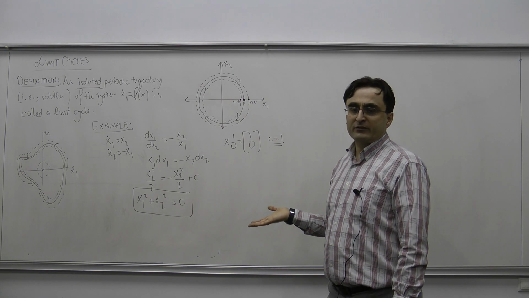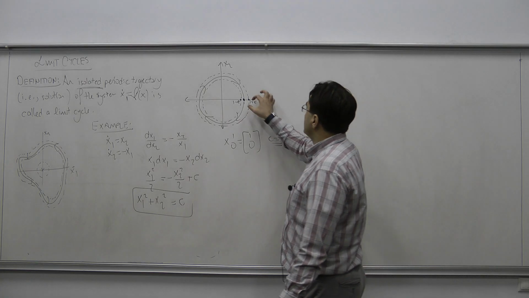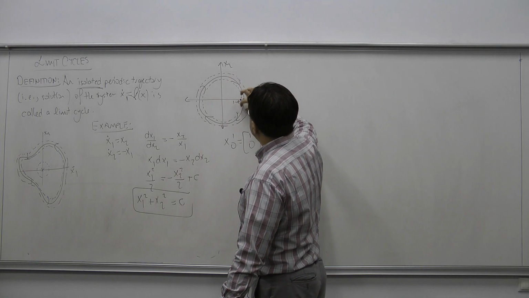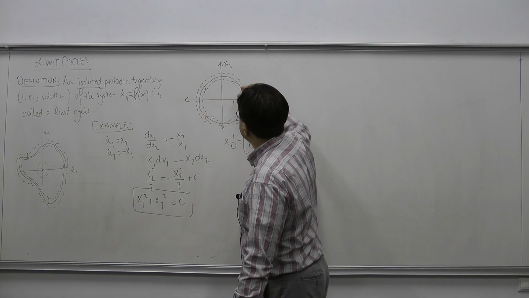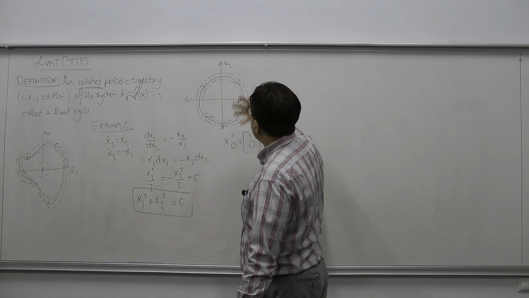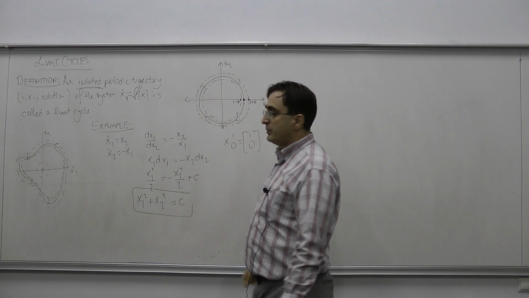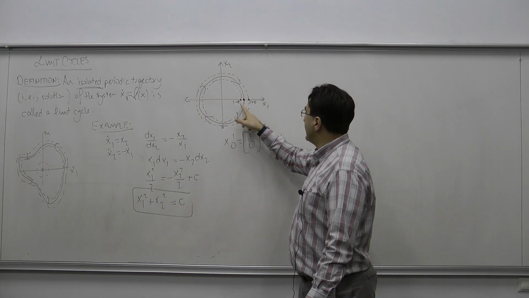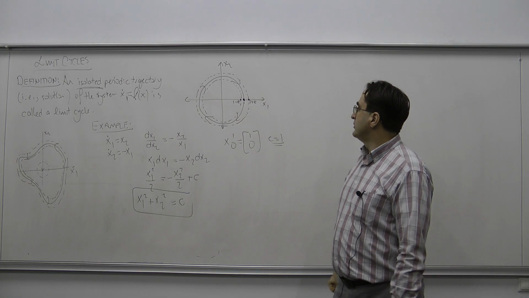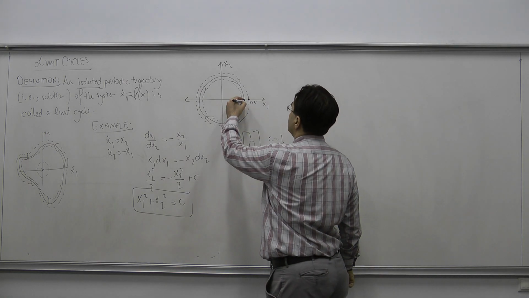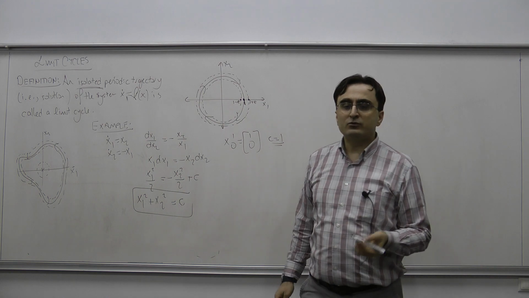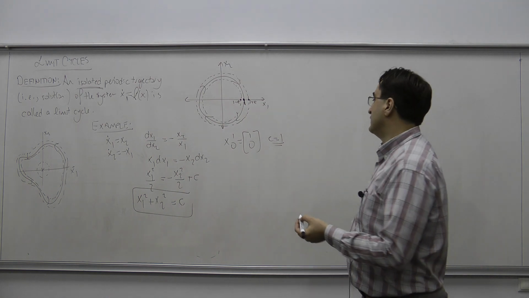Now the question is, can we find another periodic trajectory in this epsilon neighborhood? Can we always find another periodic trajectory in this epsilon neighborhood other than the original periodic trajectory? And the answer to this question is actually yes.